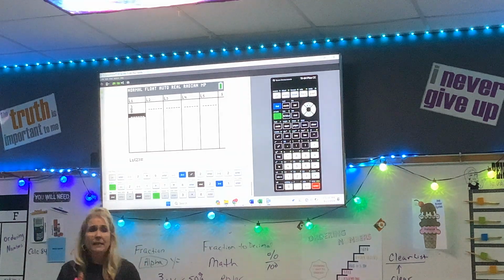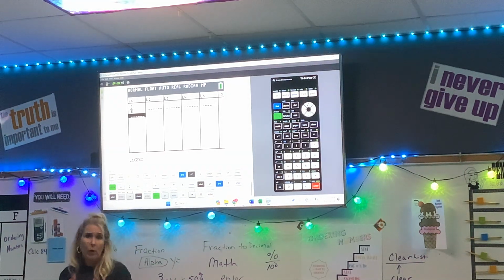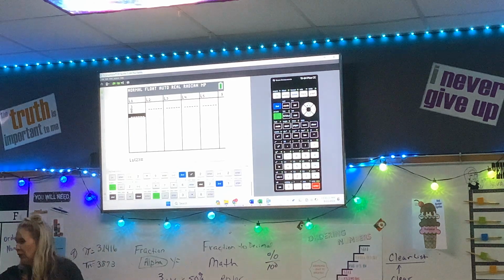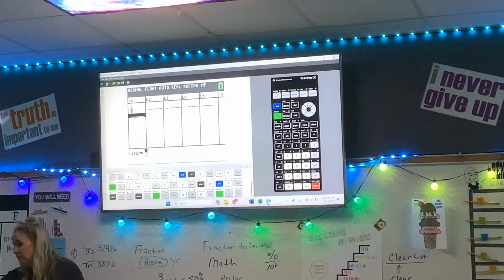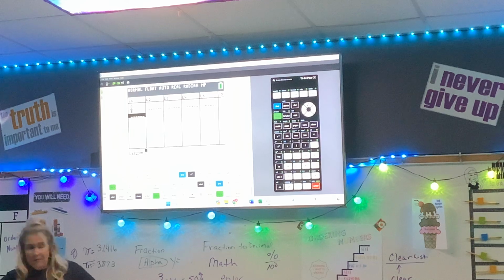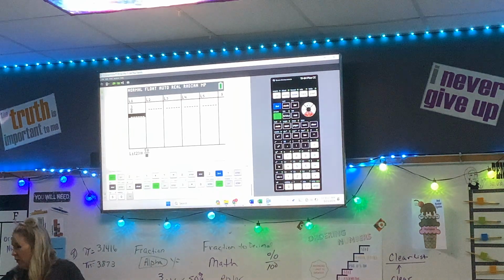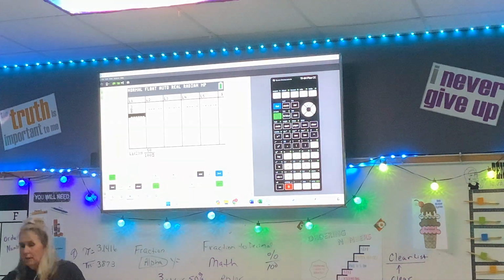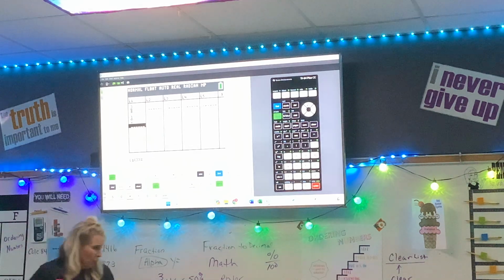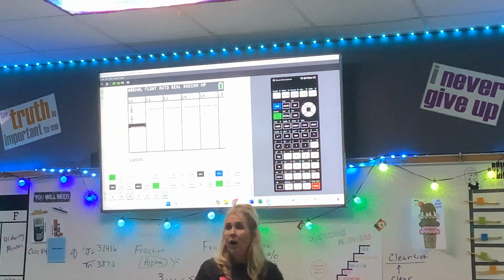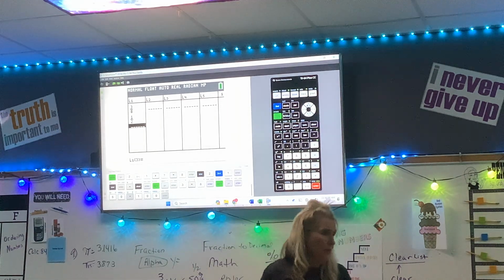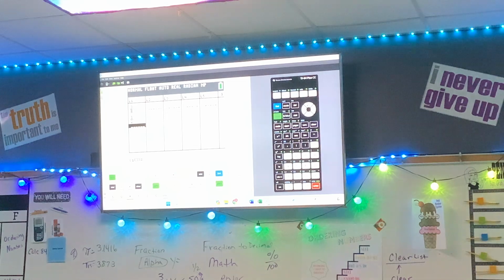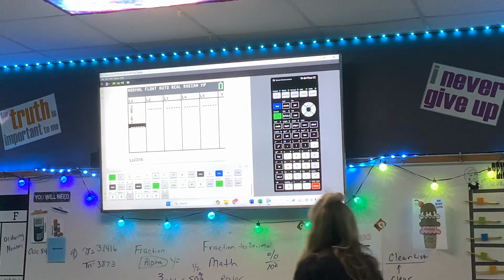You can always put it over 100. So hit alpha y equal. Hit enter. And we're going to put 50 over 100. All percents will go over 100. It changed, so I must write it down.